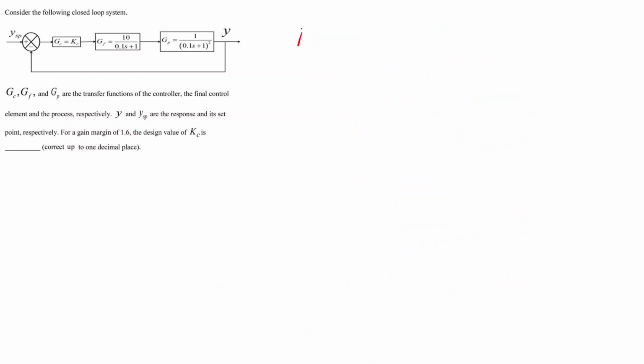For this open loop block diagram, the amplitude ratio will be the simple multiplication of the amplitude ratios of the individual blocks. So we can write this as Kc times AR1 into AR2 into AR3 is equal to 1 upon 1.6.